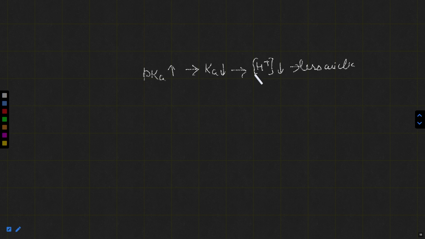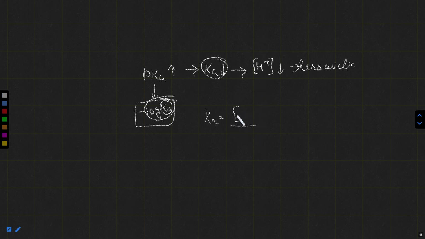So what is first of all pK? It is minus log K. Now here you can see that if we increase the value of K, log K will increase, but the overall value of pK will decrease. Therefore, if we increase pK, K will go down. Now K is the acid dissociation constant, which involves the concentration of H plus divided by the species.